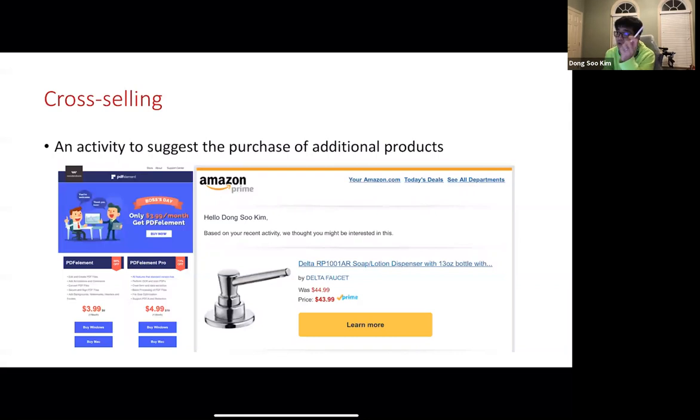That is, you'd be highly engaged in toiletries and bath products, so it would be better to introduce or recommend other toiletries and bath products such as toothbrushes and bath soaps, rather than a random product like a smartphone case to set off your next purchases.